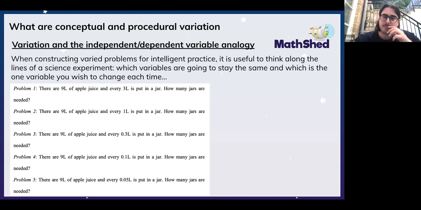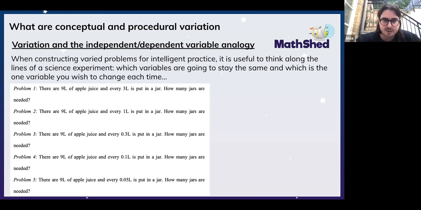This is quite a step up. But the way that these questions have been sequenced, and because there's that constant, that unchanging variable to begin with, the 9 litres of apple juice, it gives children something to hook onto, but also something to explain and explore.